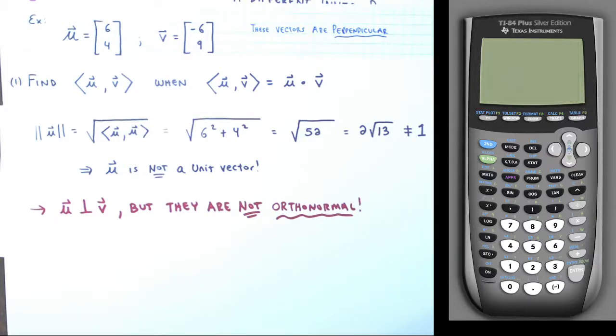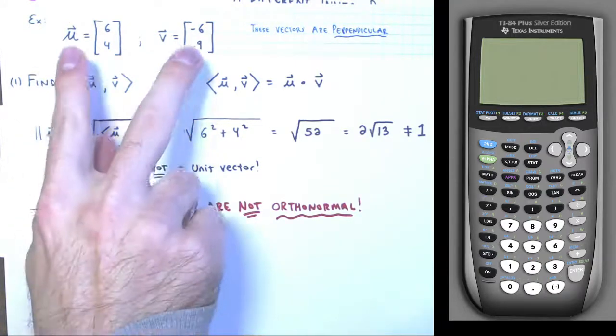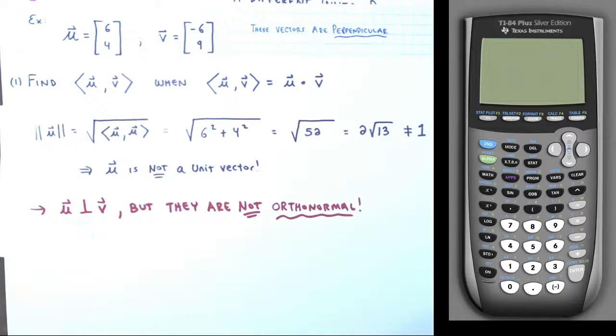All right, well, what if I asked you now to take these orthogonal vectors and find two vectors in the same directions that are orthonormal?